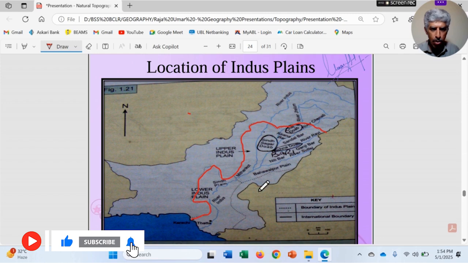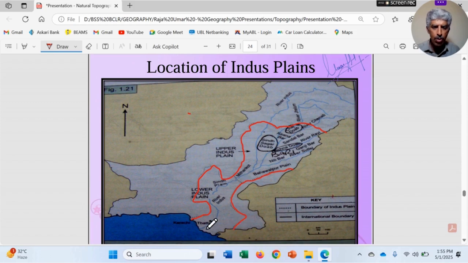This dotted line over here, and then from southern Punjab, excluding Cholistan Desert, Nara Desert and Thar Desert, the rest of Sindh province is also part of the Indus Plain. So here you can see that this whole region, I'm going to shade it, is Indus Plain.